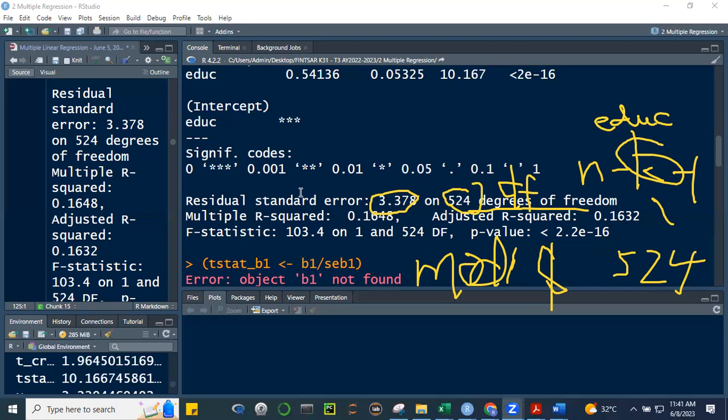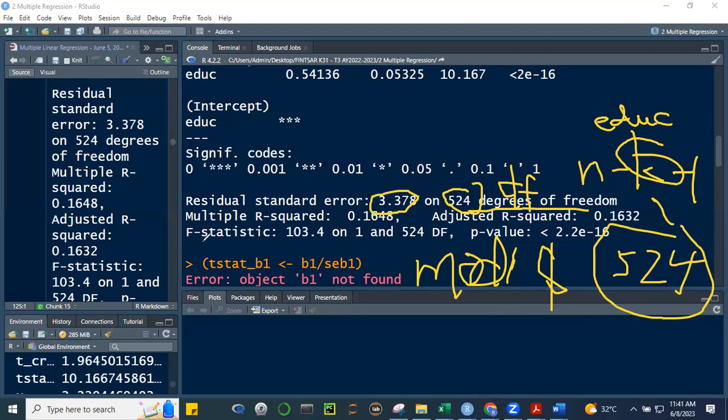Okay, Leslie, how did you get 524? Sir, input mod1$df.residual. Yeah, correct. Tama, no? Model 1, yung regression model natin, degree of freedom ng residual natin, which is n minus k minus 1, which gives us 524. Okay? So makukuha natin yun sa list natin ng mod1.